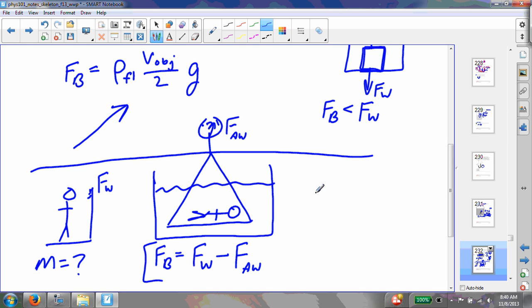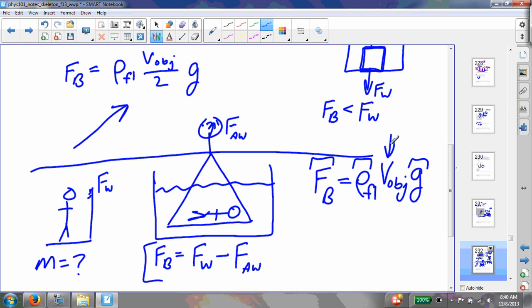And then once I have that buoyant force, I can say that the buoyant force is equal to the density of the fluid, which you know, times the volume of the object, which you don't know because it's difficult to find the volume of a human being, times g. And since you know the buoyant force, the density, and g, you can solve for the volume of the human body.